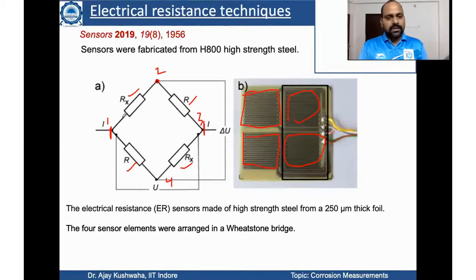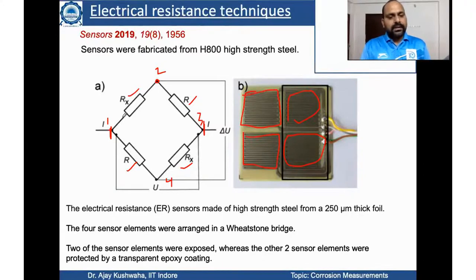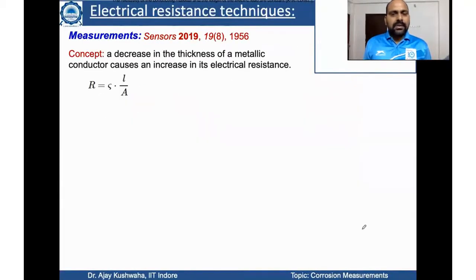This kind of circuit was designed, and 2 of the sensor elements were exposed, while the other 2 were basically protected by a transparent epoxy layer. Okay, so see how they have performed the calculations. As we know, R is equal to rho L by A. So a constant decrease in the thickness of a metallic conductor causes an increase in the electrical resistance.